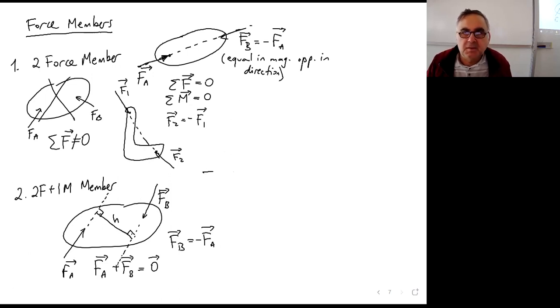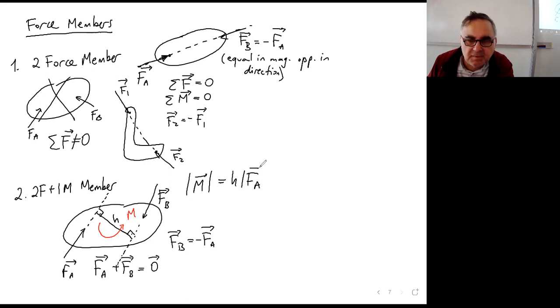This thing tends to rotate it clockwise, so the couple effect has to be counterclockwise. M is a vector. Its magnitude has to be equal to h times F.